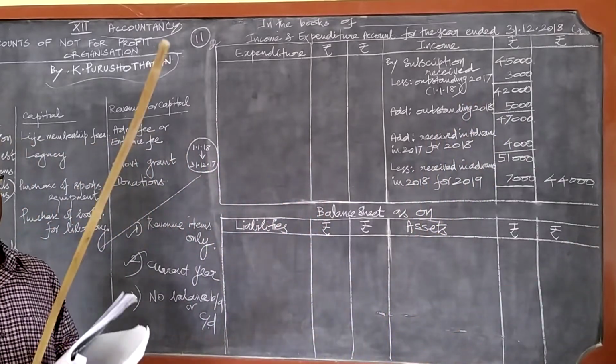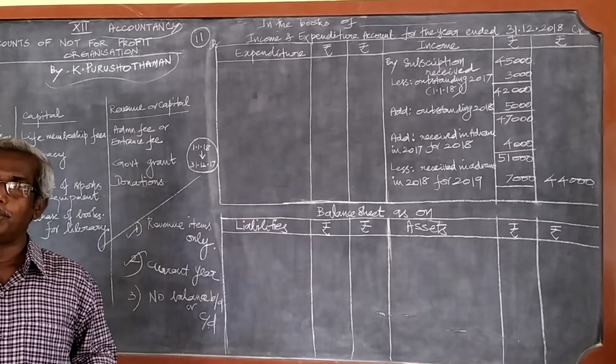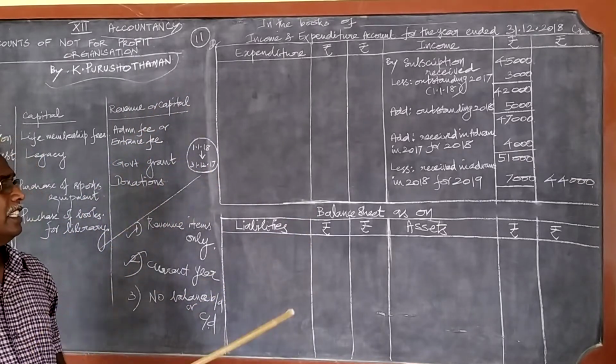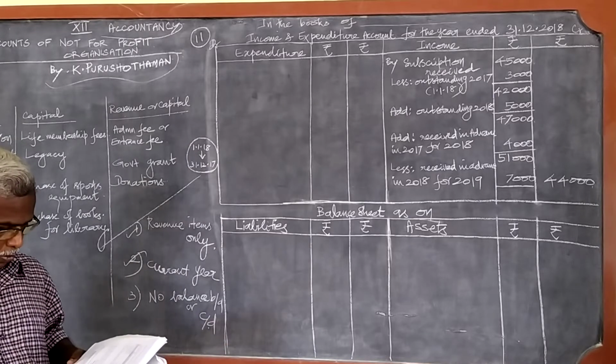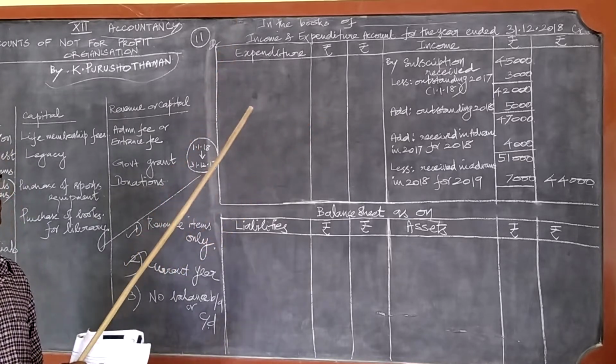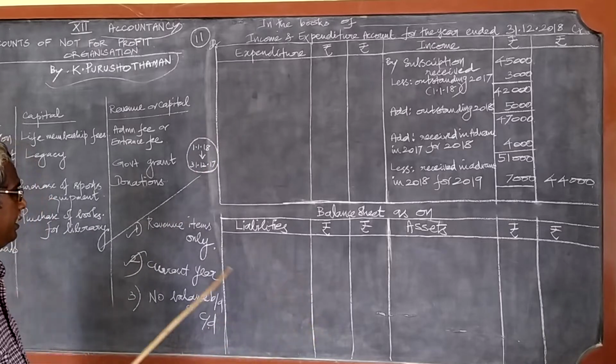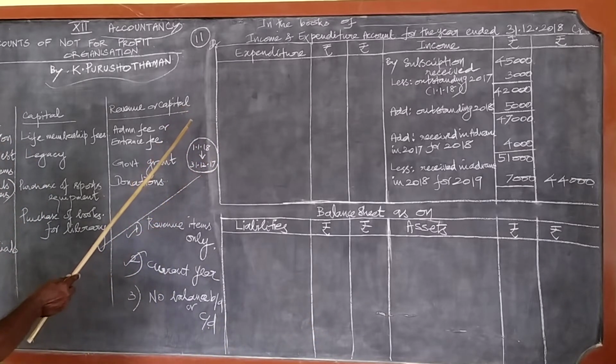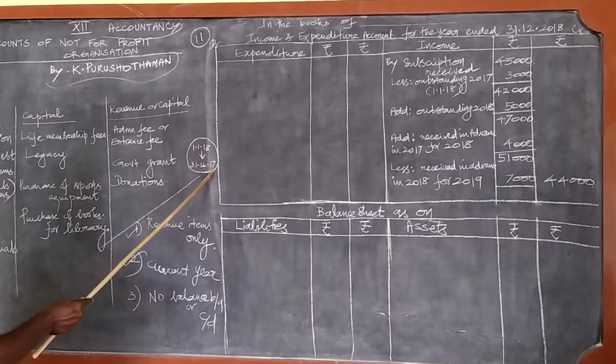Go to the second line. It talks about the subscription received in advance. So what is that? Add received in advance on 1/1/2018. What is on 1/1/2018? It means 31/12/17.